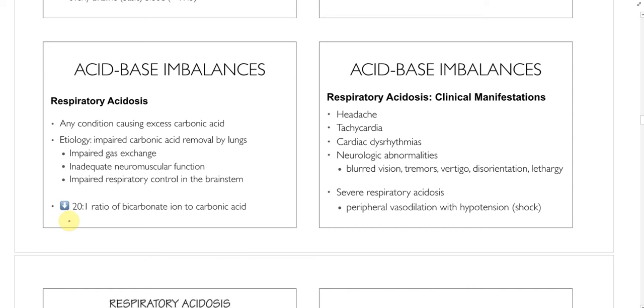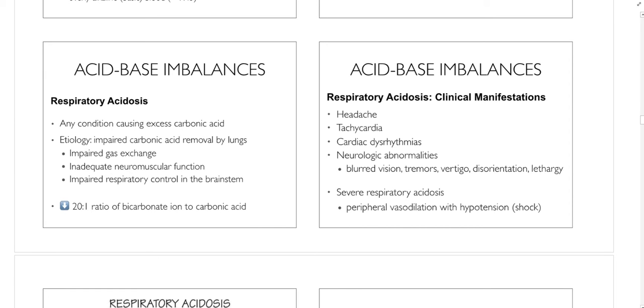But if instead of being 20 to 1 like it should be, there's now more carbonic acid, which means it's perhaps an 18 to 1 or a 15 to 1 ratio, then that means we've got an acid problem. Specifically respiratory acidosis, because carbonic acid is supposed to be about respiratory stuff.